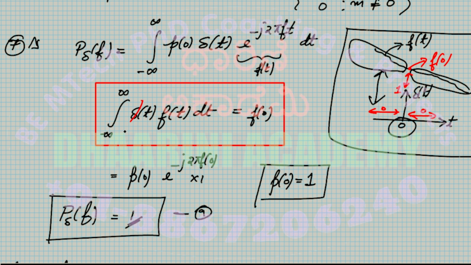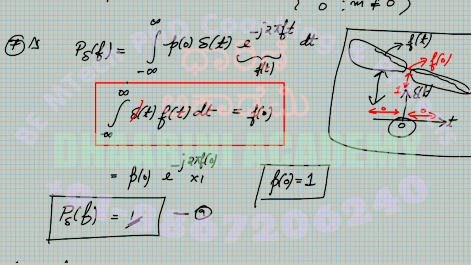I understand this whole integration is of no meaning, just because the delta function does not exist anywhere other than t equal to 0. So there is no meaning in integrating from t equal to minus infinity to plus infinity. Same reason why I removed the summation in the previous case: it was existing only at one point.